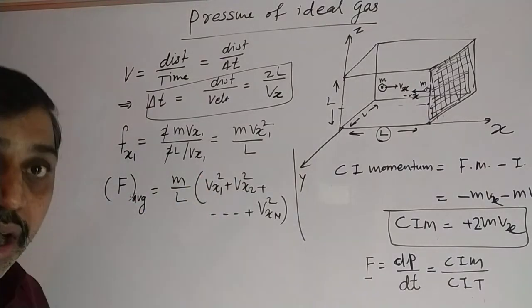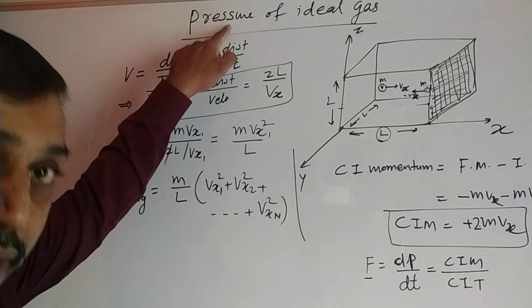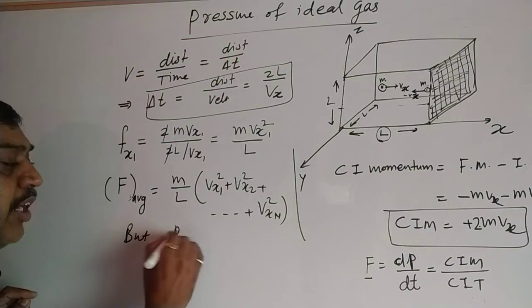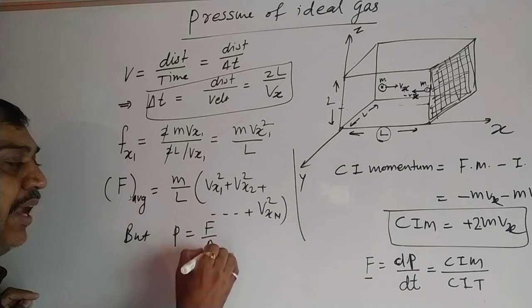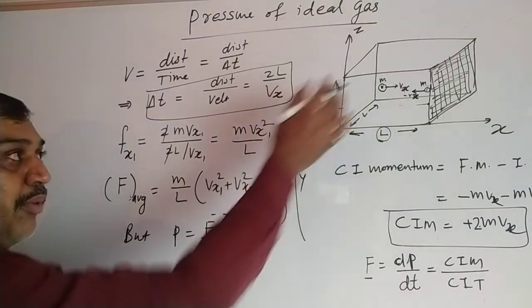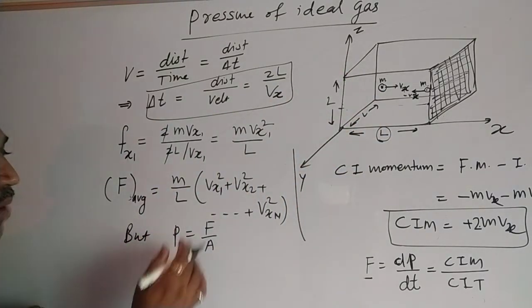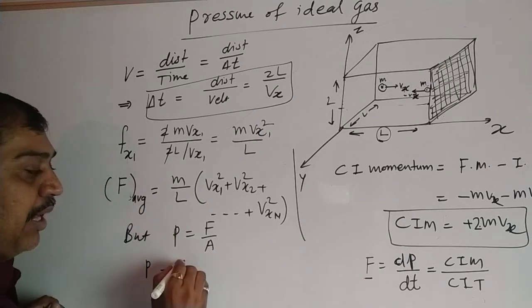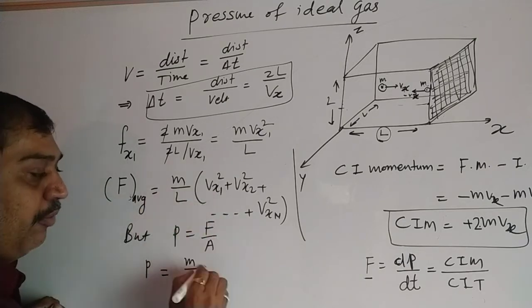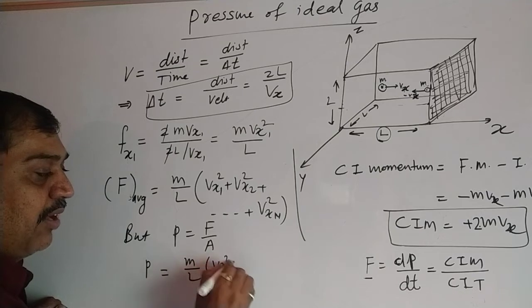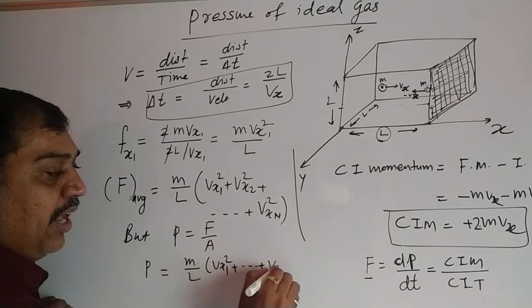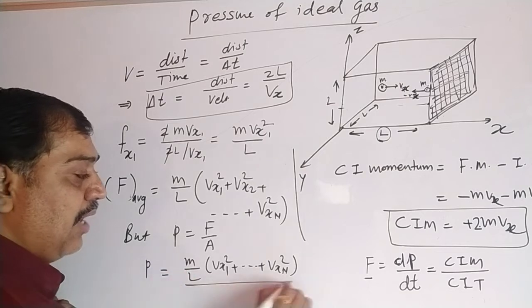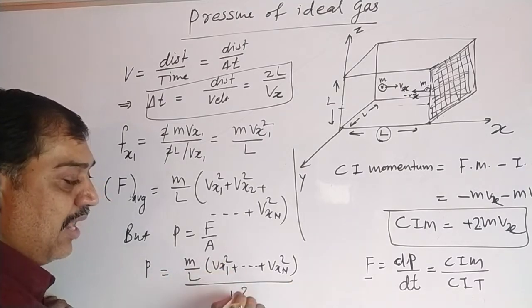Now we have found the force. Our aim is to find the equation for pressure. We know that pressure equals force divided by area. The area of the cube face is L square. So pressure equals the average force, m by L times Vx1 square plus so on up to Vxn square, divided by the area L square.